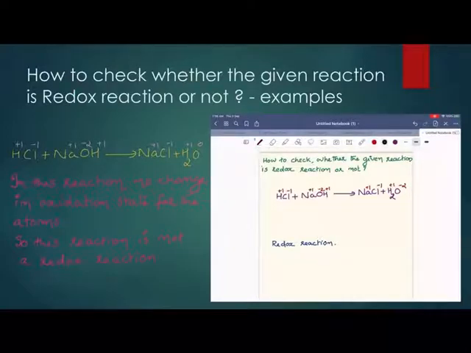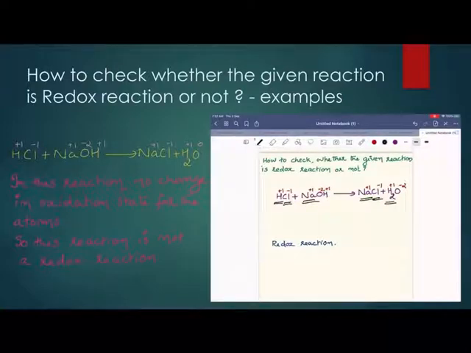We are going to check whether any oxidation or reduction happens. Is there any species which got a higher oxidation state in this reaction? Hydrogen +1, on the right side also hydrogen +1, there is no change in the oxidation state of hydrogen. Chlorine atom, Cl-, there is no change in the oxidation state of chlorine.